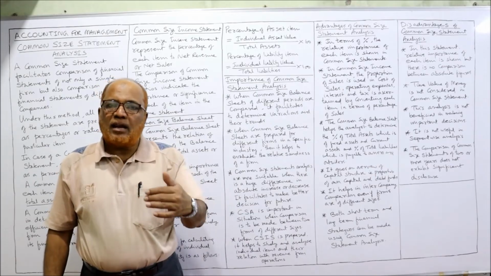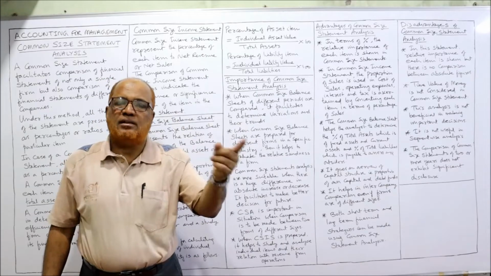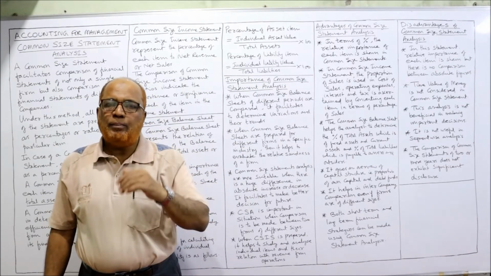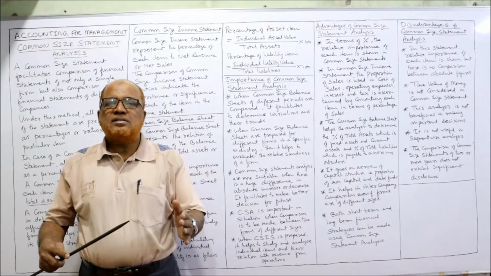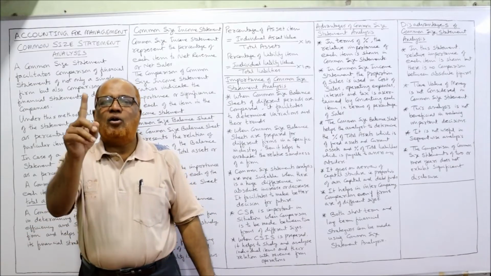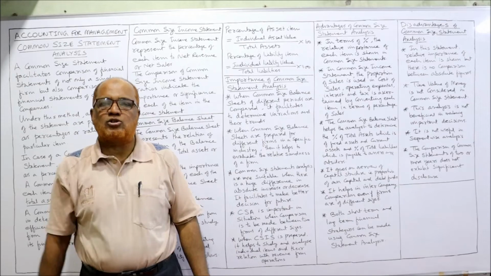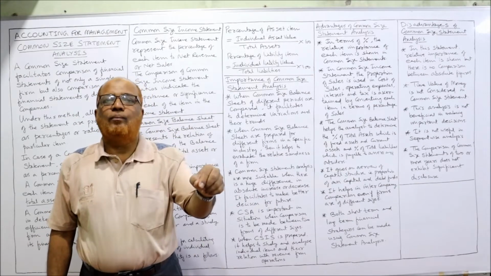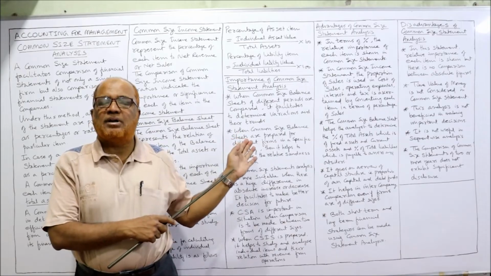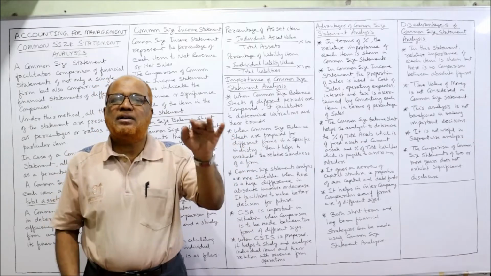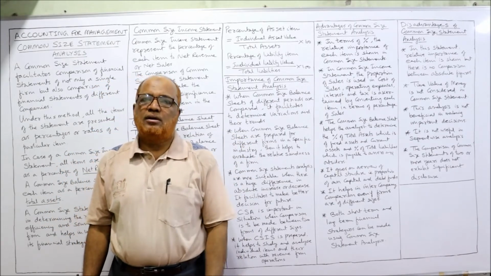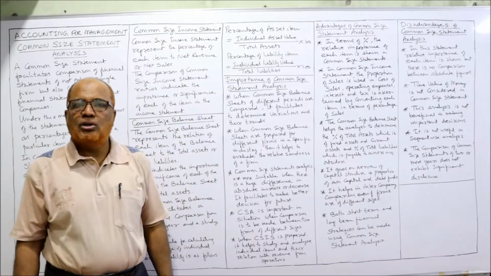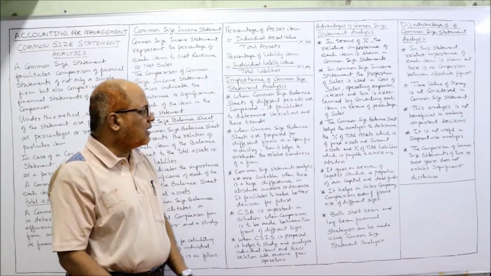So we have to calculate the ratio of gross profit to sales. It comes to 25%. This 25% says that for every 100 rupees of sale we are getting 25 rupees gross profit. So ratios are very, very useful, and this common size statement analysis is nothing but calculating the ratios. So it helps in making comparison.